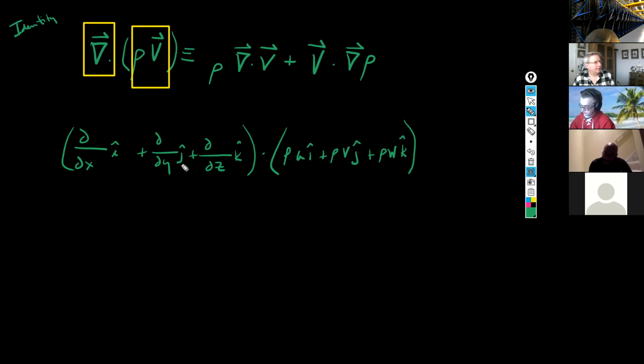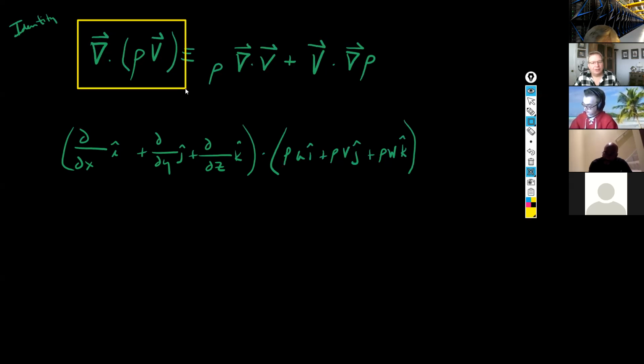That's the left side. Now, this is a simple dot product of two vectors. That's what the left side of this equation is. So I know how to take dot products.